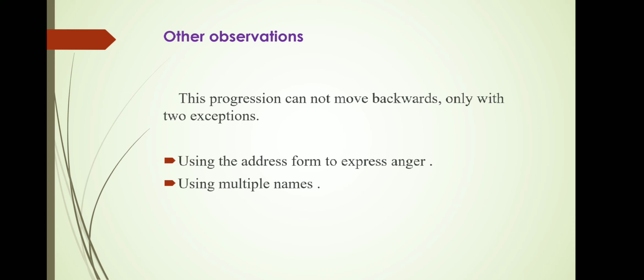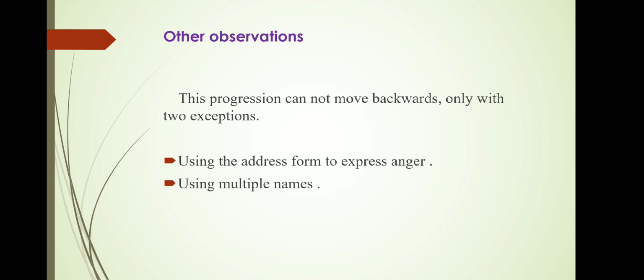So here the use of these more formal options like title last name or last name is not taken seriously. And the use of the multiple names needs to be reciprocal.